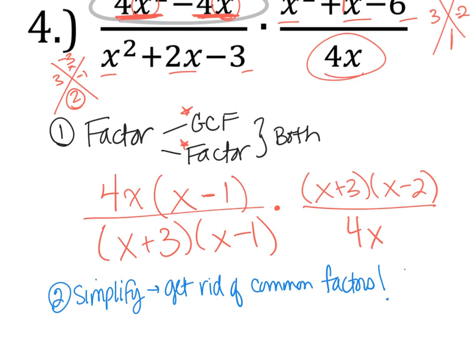If I have 2 divided by 2, that gives me a 1. If I have 2x divided by 2x, that also gives me a 1. If I have 2x plus 4 divided by 2x plus 4, that also gives me 1. So when I say simplify, I mean whatever common factors you have, one in the numerator and one in the denominator, we're allowed to get rid of because they simplify to become a 1.